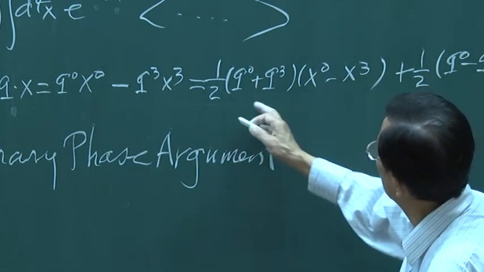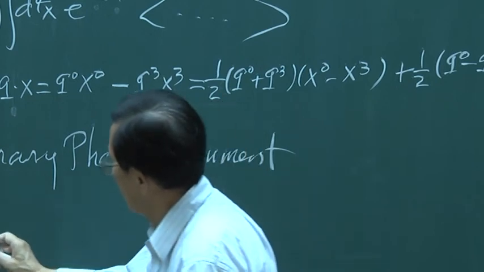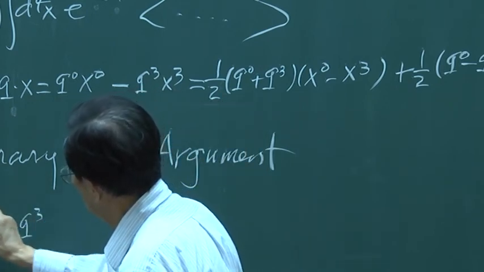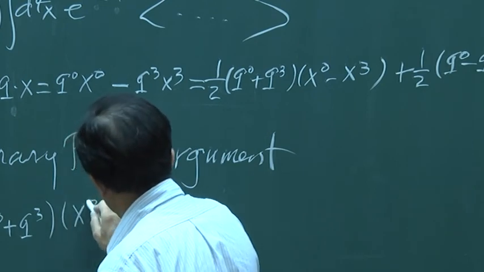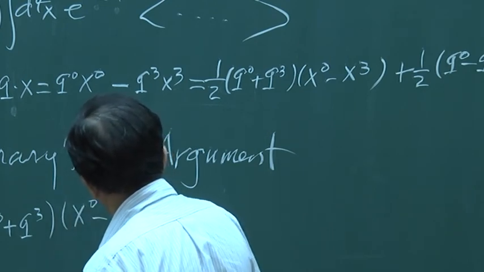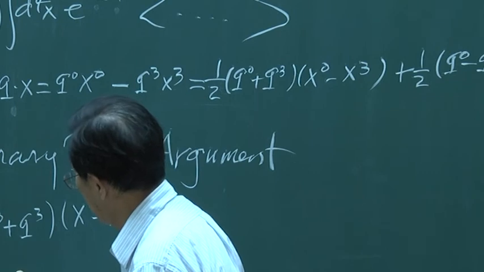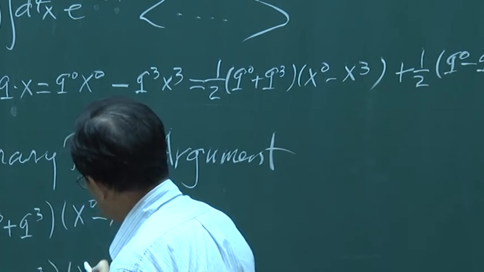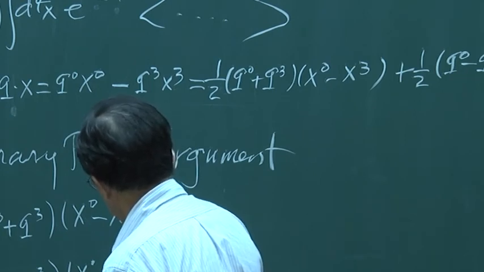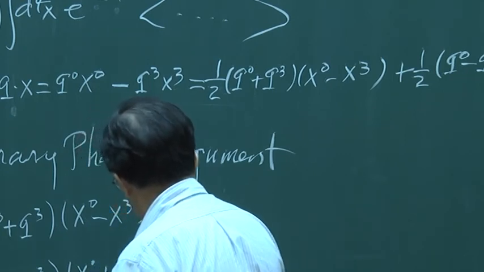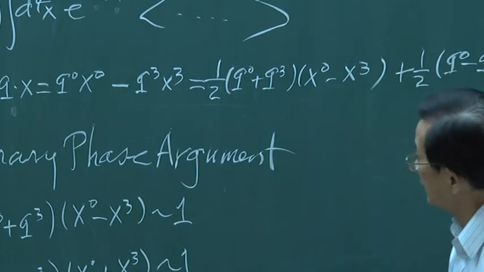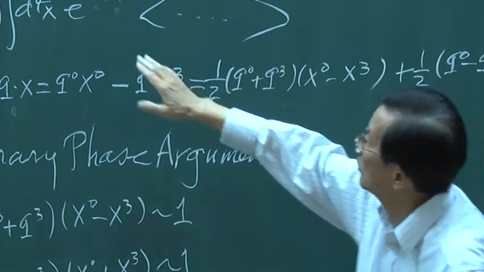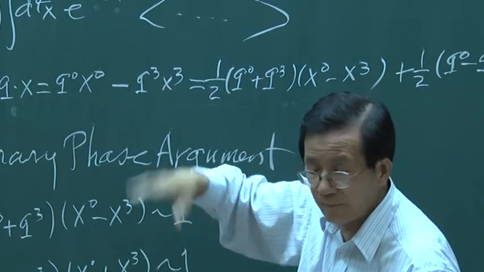So, what it means is that (Q0 plus Q3) times (X0 minus X3) will be order 1. And then (Q0 minus Q3) times (X0 plus X3), order 1. The reason is that if this product gets too big, then the exponential factor becomes oscillating.